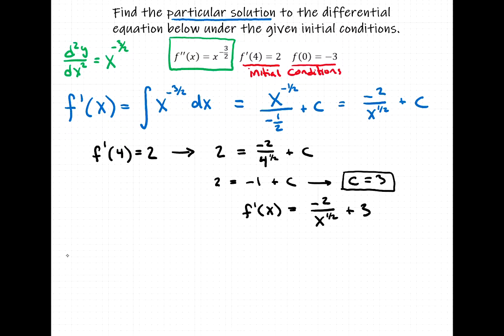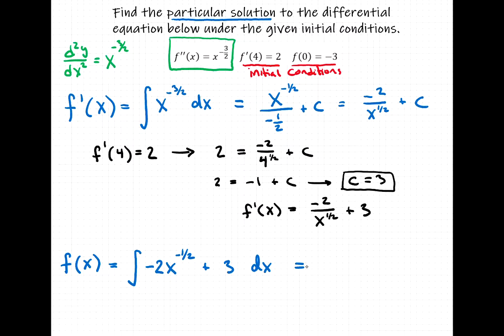Okay, so now the function f of x is going to be the antiderivative of f prime of x, or the indefinite integral of -2 over x to the 1/2. I'll write that as -2x to the -1/2, because we're going to be using the power rule, plus 3. So we're taking an antiderivative of the antiderivative of the given f double prime of x.